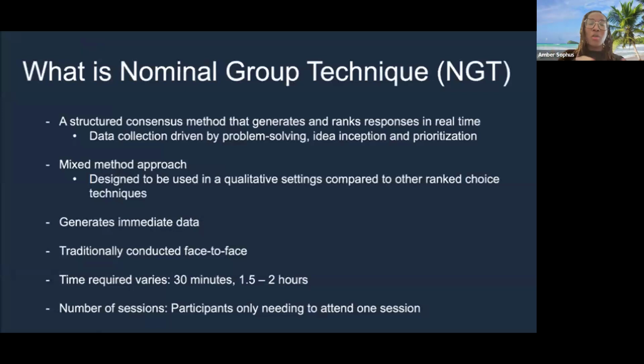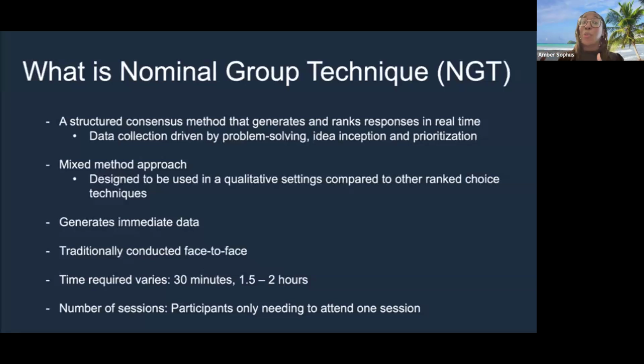So if you weren't here when Dr. Madden did her presentation, she really gave a super great, thorough explanation about what nominal group technique is. To its core, it's a structured consensus method. You're able to generate and rank responses in real time. So basically, that data collection part is really driven by 3 main things: problem solving, idea conception, and prioritization.